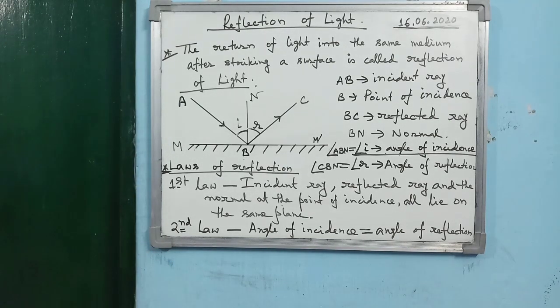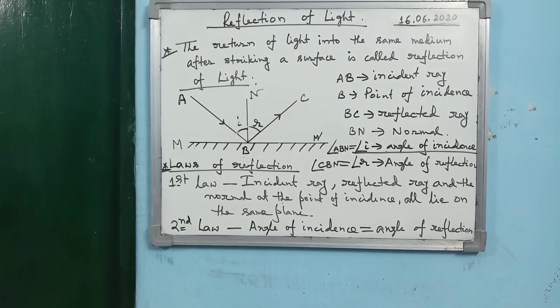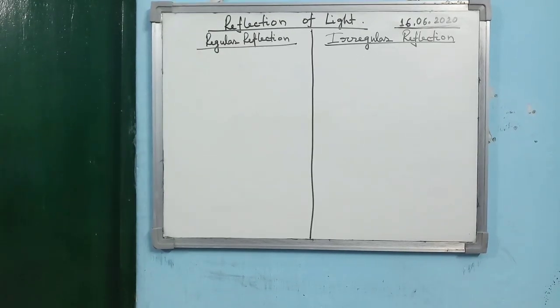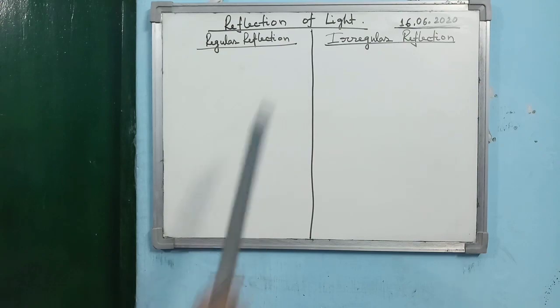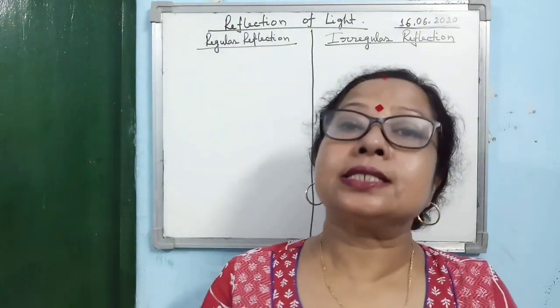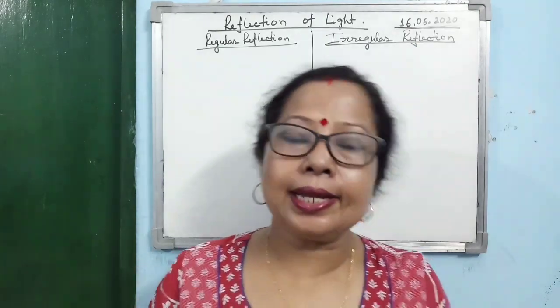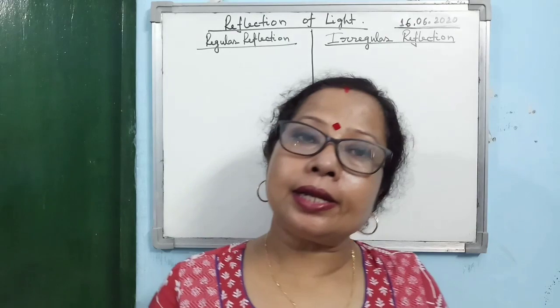So what you have to learn from the topics I have discussed, that is the definition of reflection and the two laws of reflection along with the diagram. Now next topic are regular reflection and irregular reflection. Now when the reflecting surface is plain and smooth, then the reflection is known as the regular reflection.